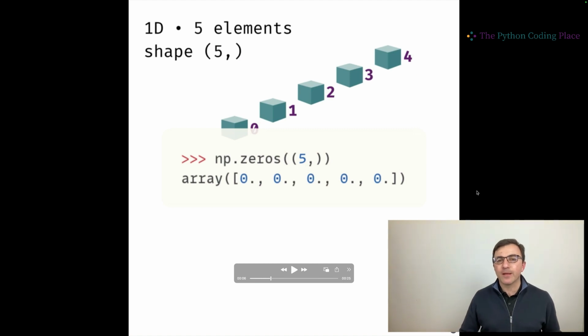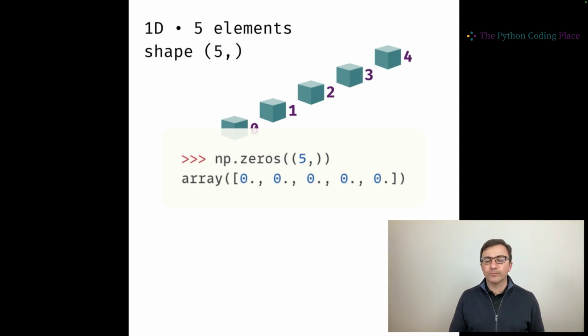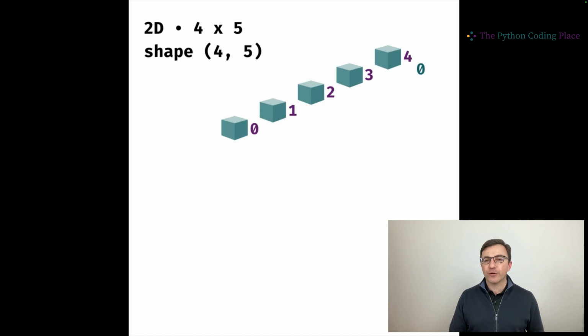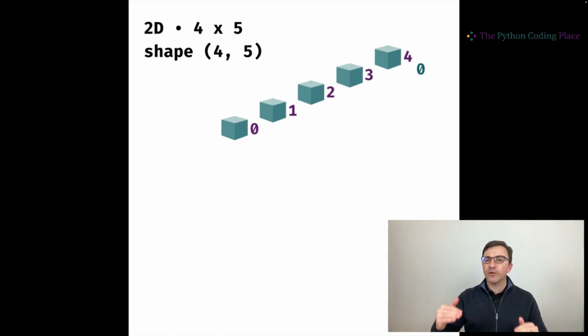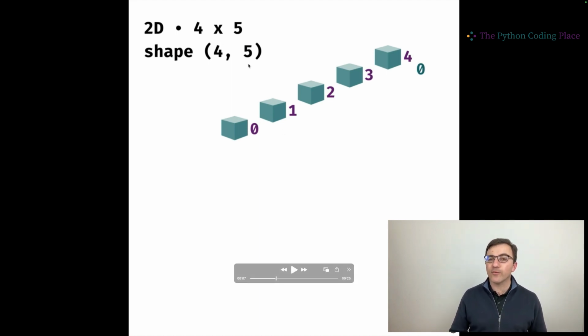Okay, nice and easy. Now, let's go to another dimension. I would like to have 4 rows. So these 5 elements I have, 0, 1, 2, 3, 4, I want them to be in 4 rows. Where do I put the extra dimension? It has to go first, so 4, 5, not 5, 4.